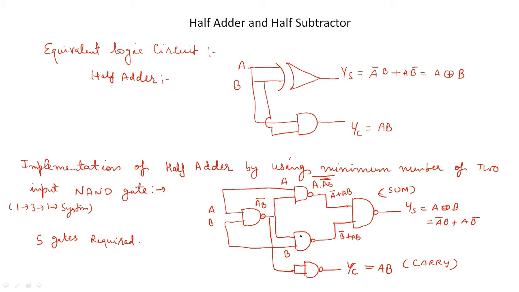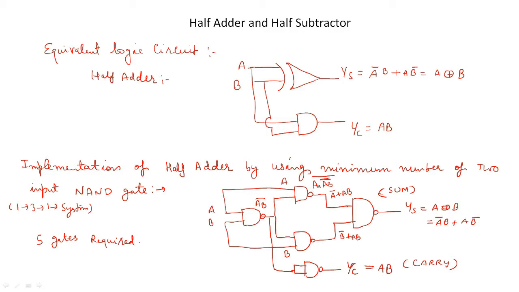Similarly here you have a NAND gate. One input of this NAND gate is the output of the first NAND gate and the other is the B input. So when you obtain the output after this NAND gate, this is your A and this is your AB whole bar input.